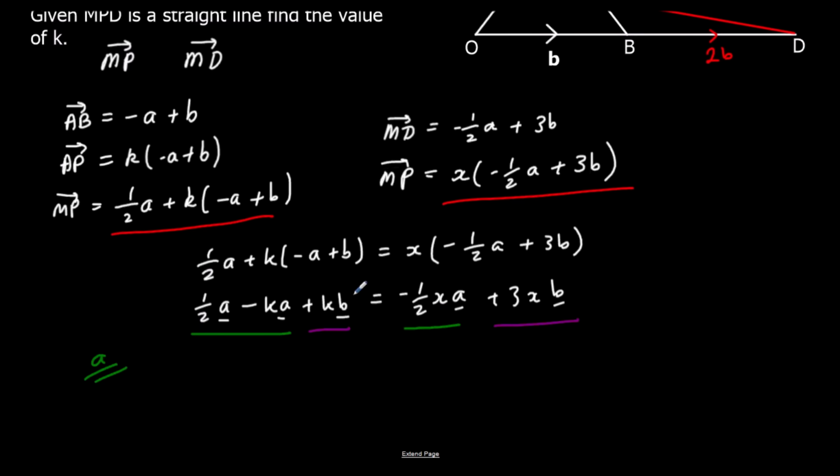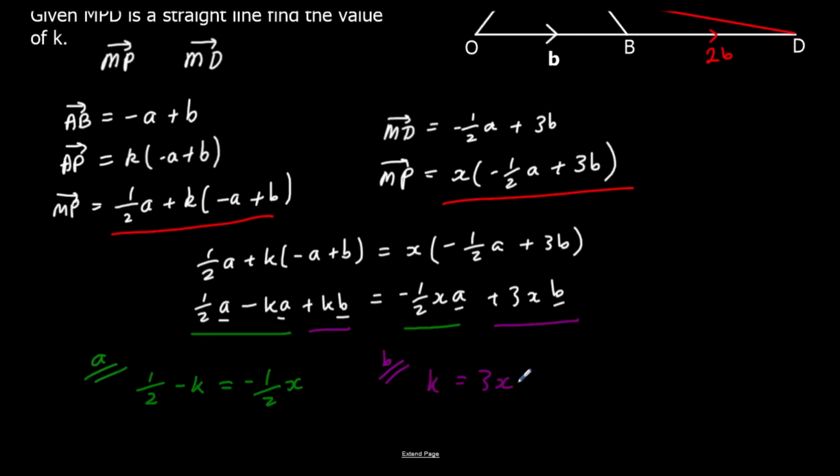How many A's do we have on the left hand side? We've got half minus K. They're all A's, we don't have to write A. And on the right side, we've got minus a half X. And for our B's, we've got K equals 3X.